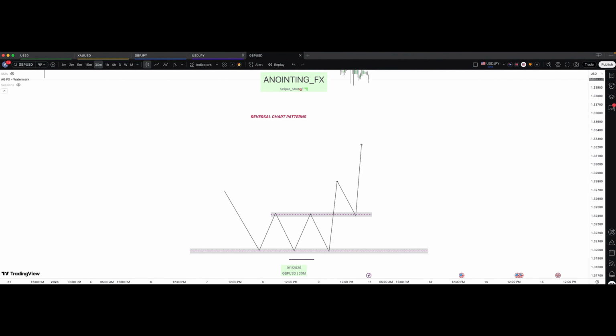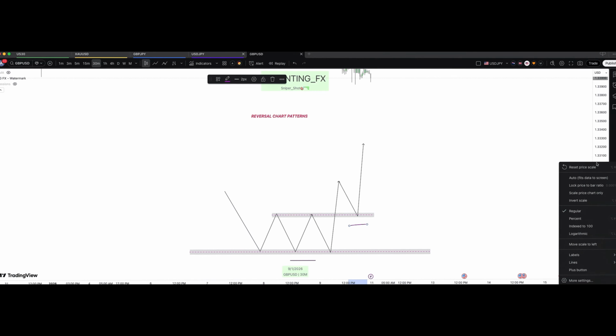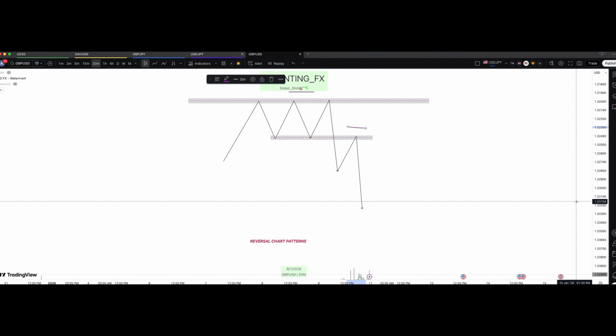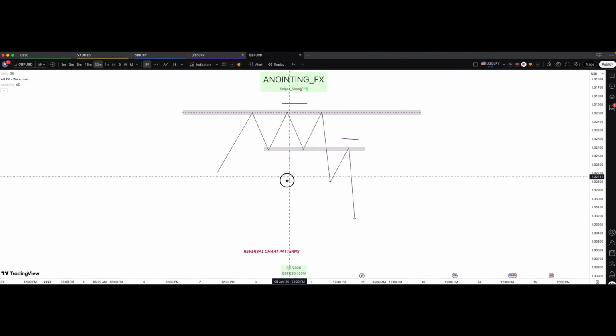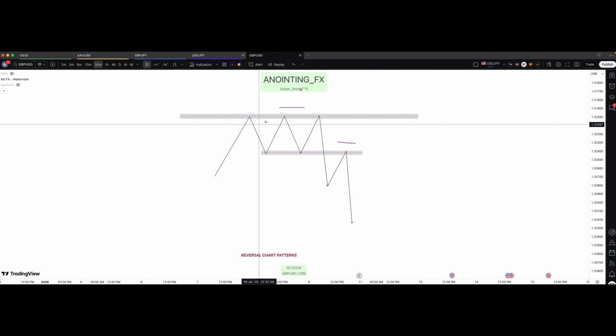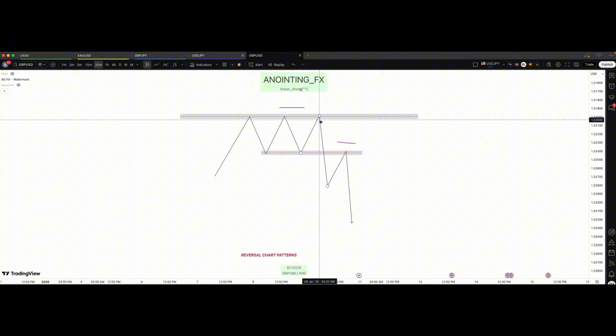As you buy, you put your stop loss right below your entry, and that's just the opposite of the same thing that applies to the triple top.